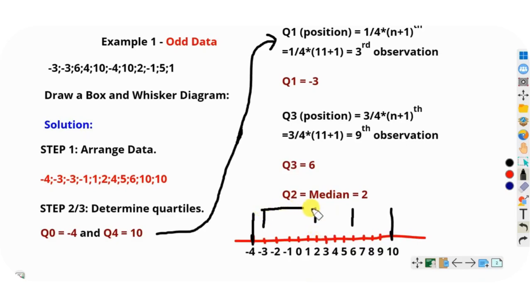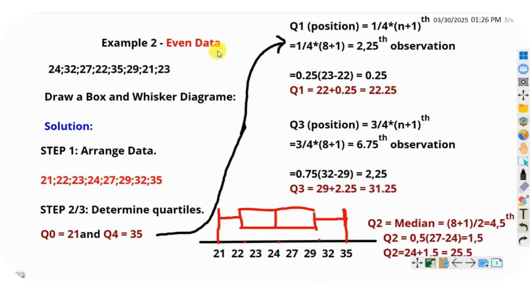Then you draw the box like that. So this is the box and whisker diagram representing the data. Okay, let us look at another example.